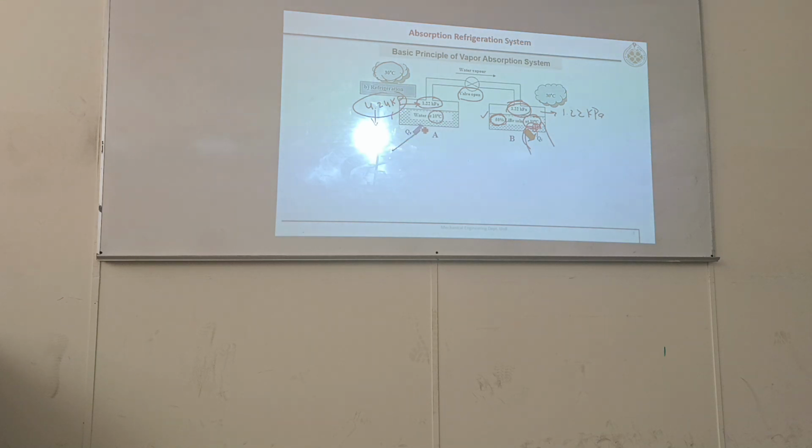So what will happen? Heat will start to flow because now you have dropped the water vapor pressure in that vessel A. Is this constant pressure, or is there a vacuum? It's only water here, so only water vapor pressure actually.